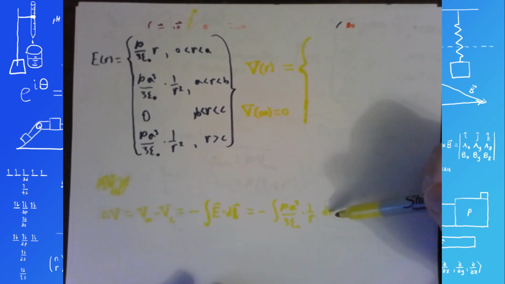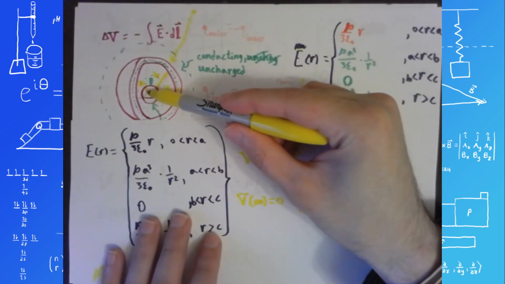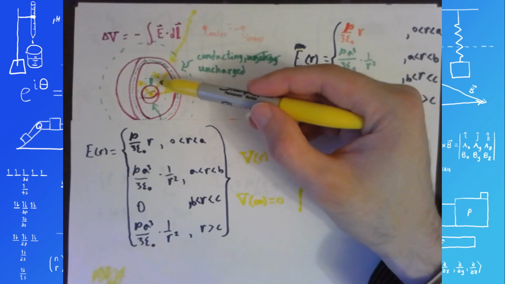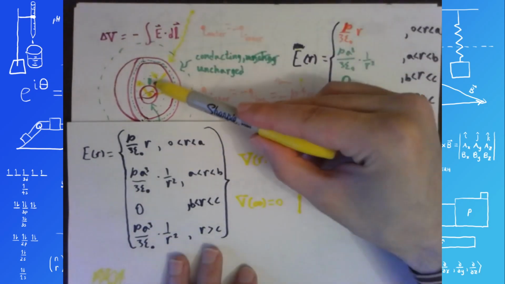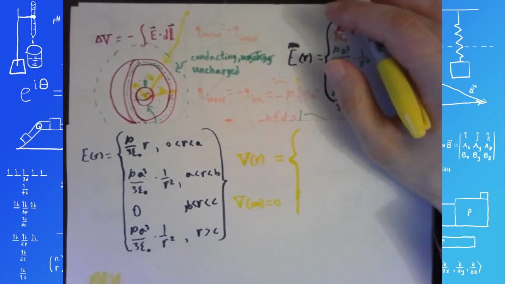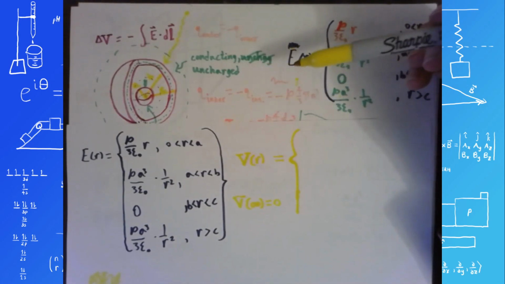R increases from the center and outward, and if we're assuming rho to be a positive charge density, then the electric field is also outward. So actually it would be E times dr times cosine of 0, and cosine of 0 is 1.